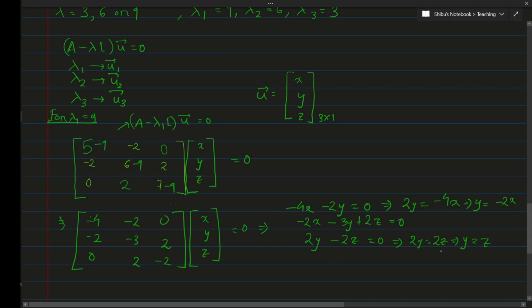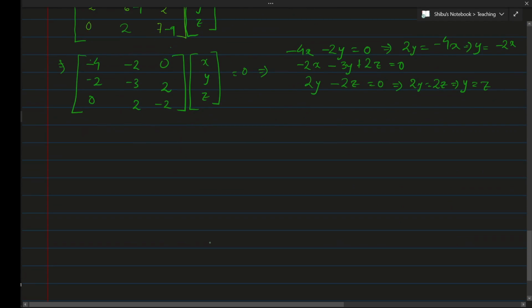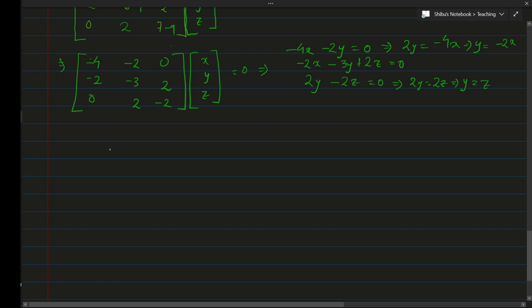So we have z in terms of y and y in terms of x. Now what we can do is write our u1 as x, y, and z. So we know x as x, y as minus 2x, and z as y, so it will be again minus 2x, right?